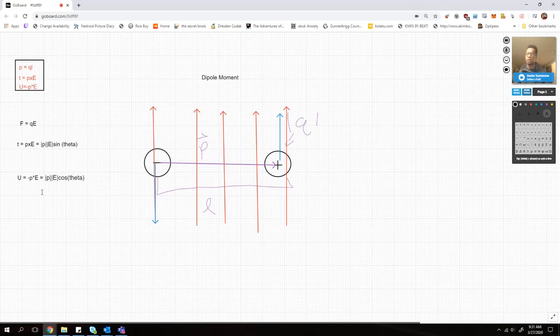So our potential energy in this case that we have set up, we're going to plug in 90 degrees for theta. Cosine of 90 degrees is 0. So our potential energy here is 0 in this setup when the electric field is perpendicular. Cool.